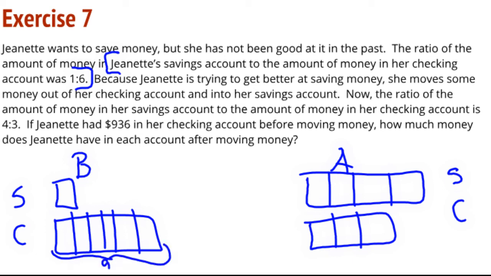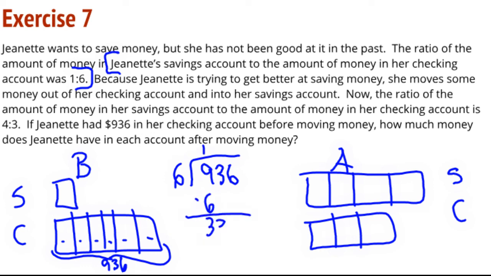So this is $936. And hopefully your brain is screaming at you, hey, I know how many units there are. 1, 2, 3, 4, 5, 6. So I can do 936 divided by 6. And find out that each unit is equal to 156.